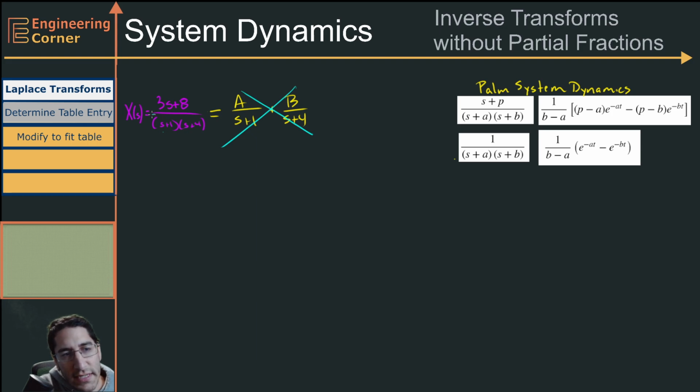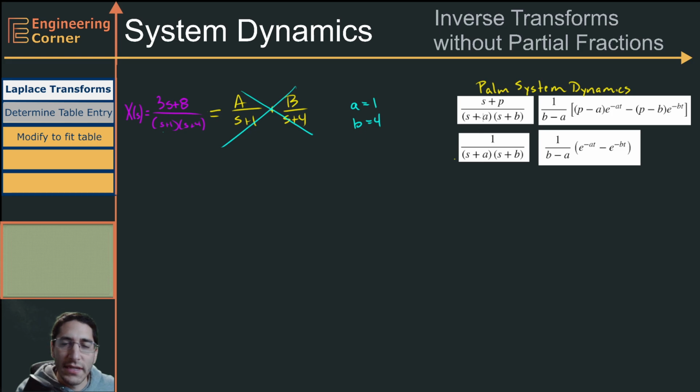So I looked at this example right here, and I saw that in the denominator, I had an s plus something term and an s plus something term. When I looked at my tables, these were the two that I saw had a similar format. So I saw an s plus a and an s plus b. That looks almost exactly like this, where a is equal to 1 and b is equal to 4.